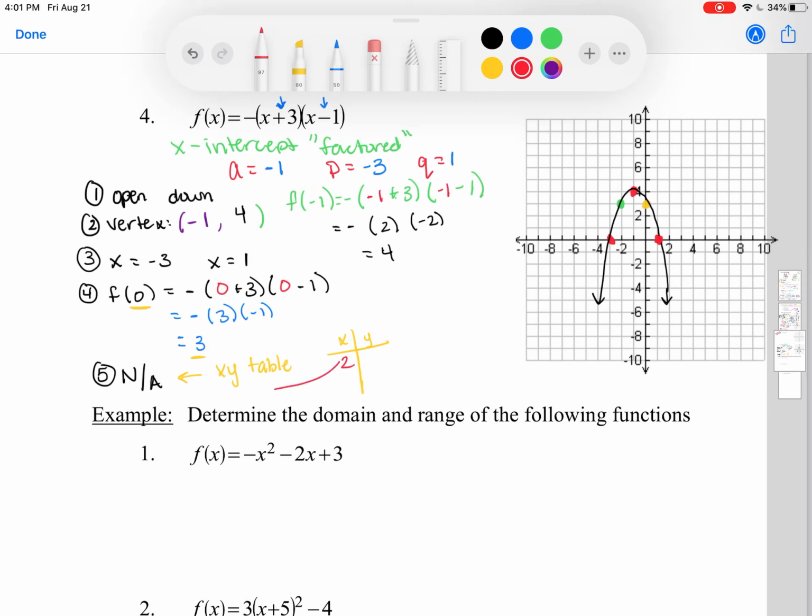I would take that 2, I would plug it in to my function like you did in step 2 for finding your vertex, as well as step 4. Plug it in, find your value, and that will give you your exact y coordinate for another point if you need it. All right. Again, here we didn't need to do step 5 because we already have 5 points. You can go on and get more points if you'd like. All you're doing there is just making your graph more precise.